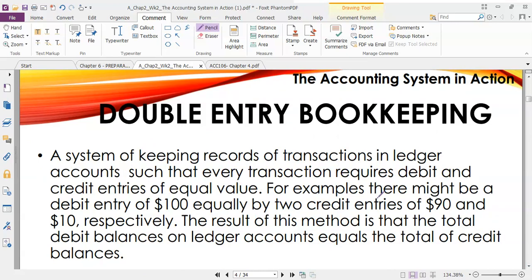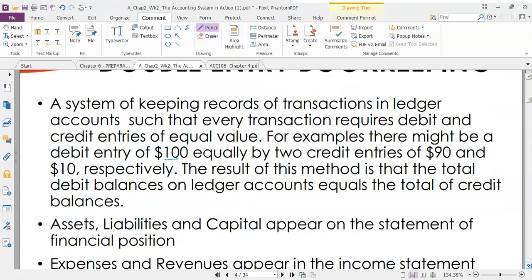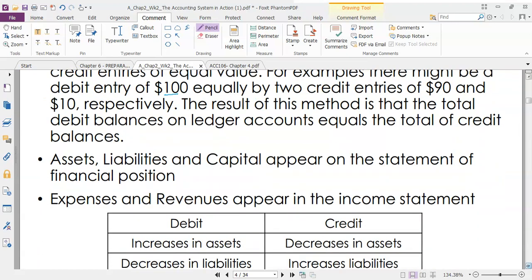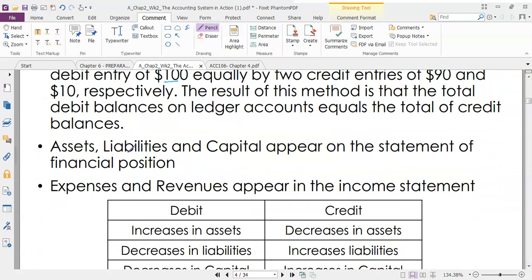For example, there might be a debit entry of 100 ringgit matched by two credit entries of 90 ringgit and 10 ringgit respectively. The result of this method is that the total debit balance on ledger accounts equals the total credit balance.